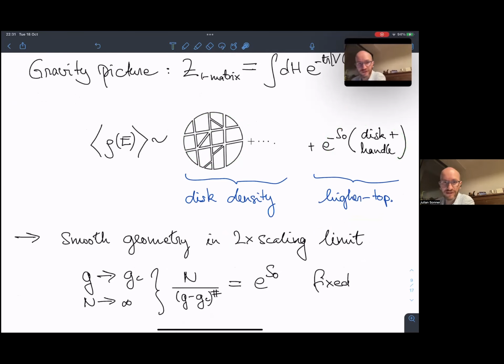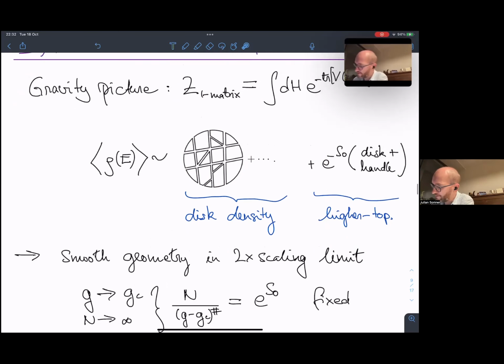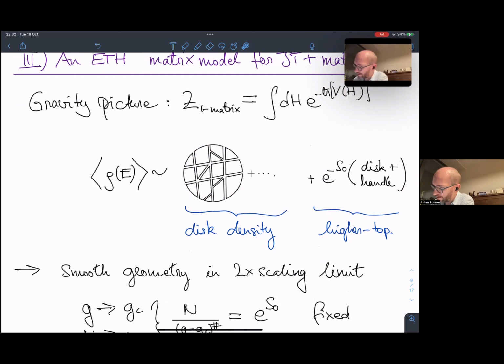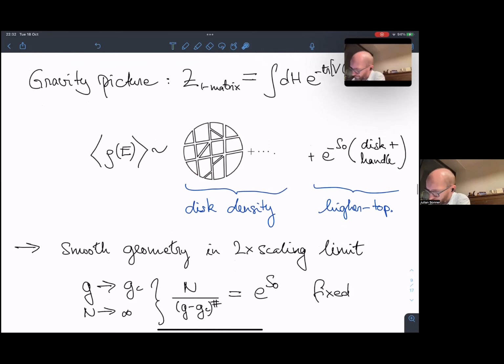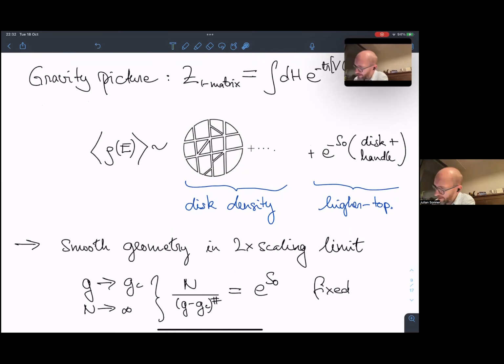If you were to calculate the density of states, it is actually the average in this matrix model with one fixed boundary. We would basically calculate the disk density, which is what we call the trivial topology, and then there would be higher topological corrections. But this doesn't yet look very much like two-dimensional gravity.